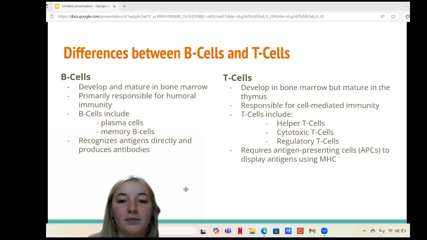The different types of T cells, like I said before, include helper T cells and cytotoxic T cells. There are also regulatory T cells, while B cells only include the plasma cells and the memory B cells. So the B cells are primarily responsible for humoral immunity, while the T cells are responsible for cell-mediated immunity.